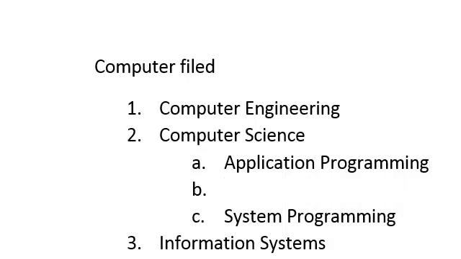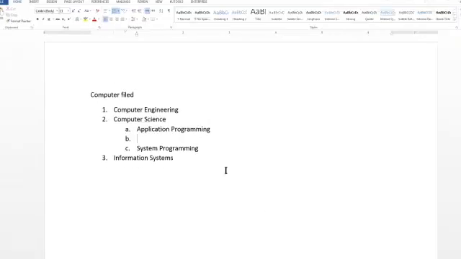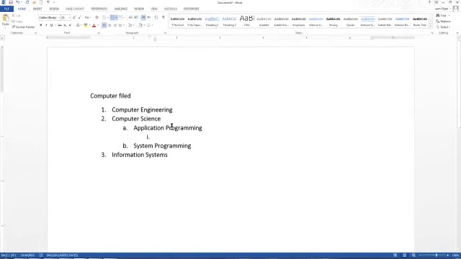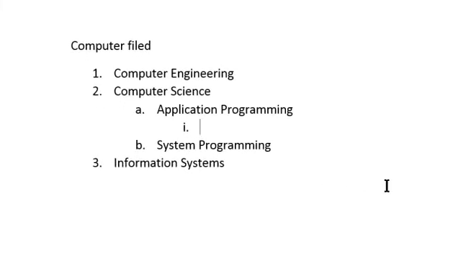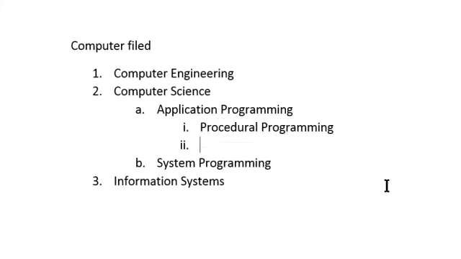I'm going to hit enter, which we could easily also use the indent. Either one will do it. Or hit the tab. Then we're going to talk about here procedure programming, and the second one we're going to talk about object oriented programming. We'll fix that misspelled word in a second.